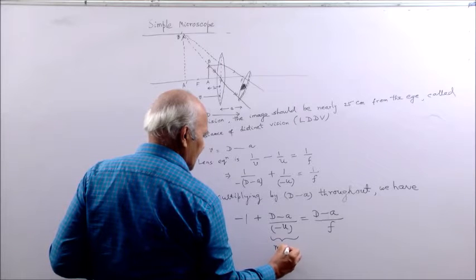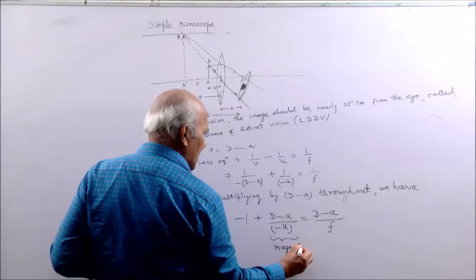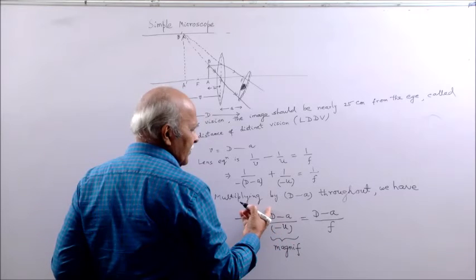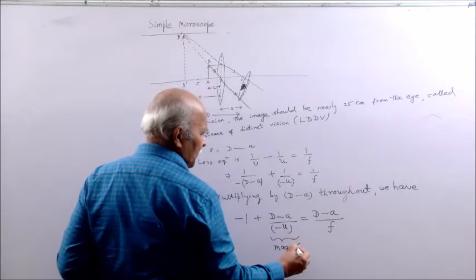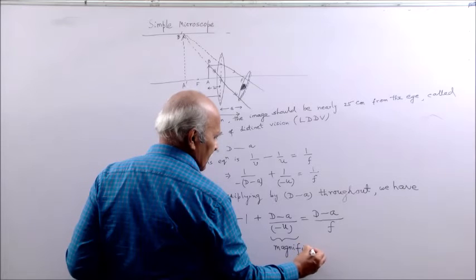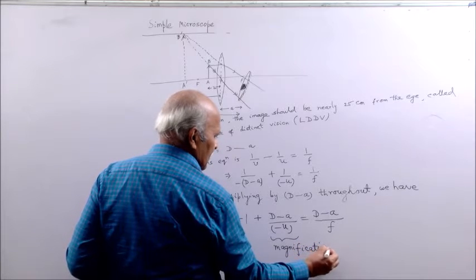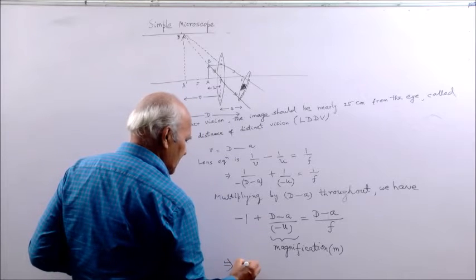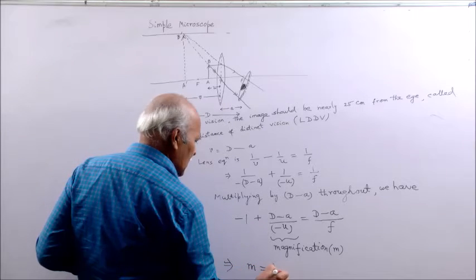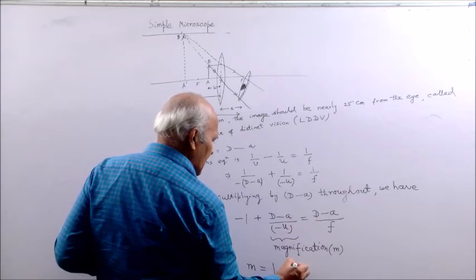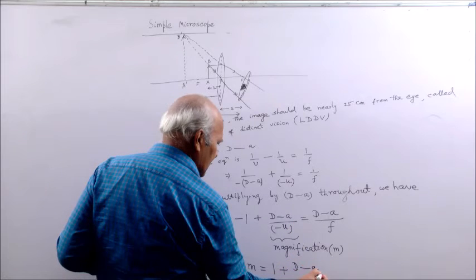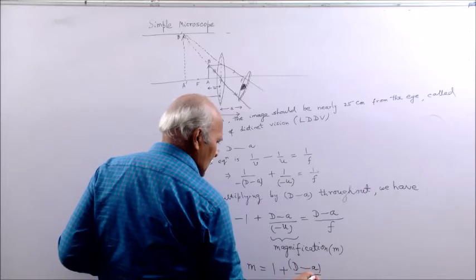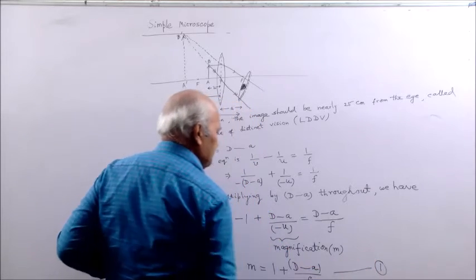And this one is your magnification. Why? Because magnification is minus V by U, so it is minus, then V is this one, by U. So magnification, which is written as M, gives you M is equal to 1 plus (D minus A) by F. So this is your equation 1.